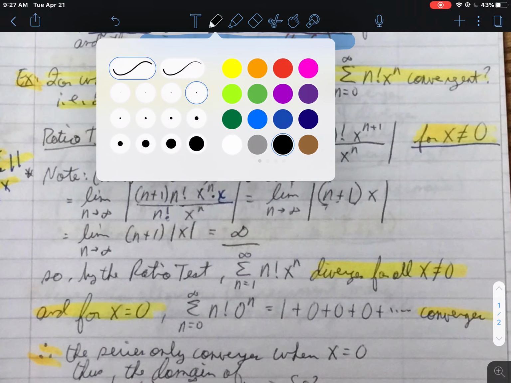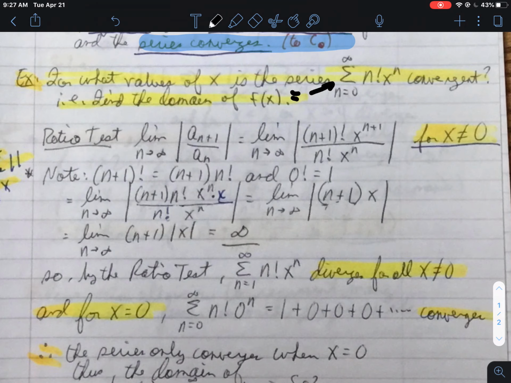So, fat marker, let me bring that down a little bit. Okay? So we're defining the function f of x equal to the sum as n goes from 0 to infinity of n factorial x to the n. So find the domain of the function means exactly the same as find the values for x where that series converges, because that's what we define the domain to be.